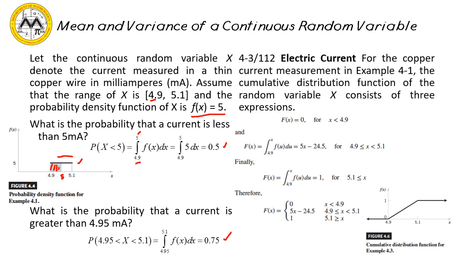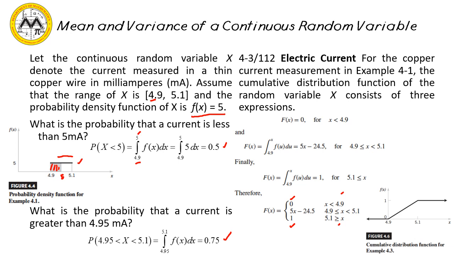0.75. For that same problem, for the copper measurement in 4.1, the cumulative distribution of the random variable x consists of three expressions. It would be 0 when it is less than 4.1, and it is 1 when it is greater than 5.1.